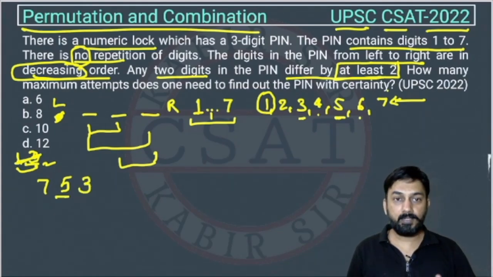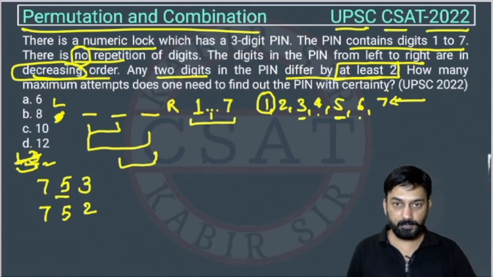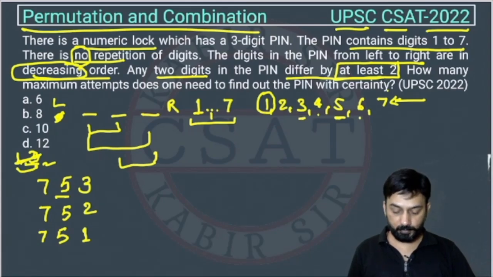Similarly, keeping 75, instead of 3 it could be 2 also, because the difference between 5 and 2 is 3, 7 and 5 is 2, and 7 and 2 is 5, so the difference is more than 2 in every case. The next password can be 751. With 75 there is no other possibility.